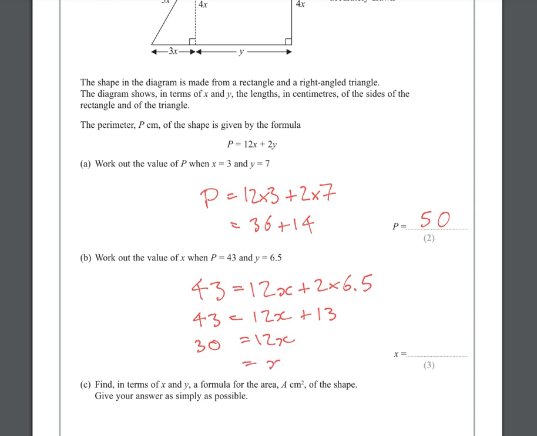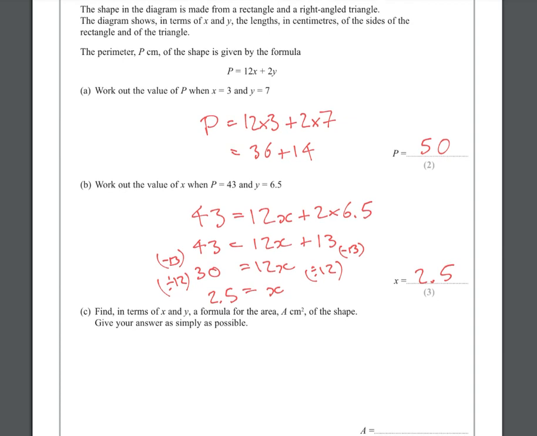Then we divide both sides by 12. 30 divided by 12 is 2.5. So we've got X is 2.5. So we're going to minus 13 at this stage. Let's just write those in. Divide by 12. Okay.